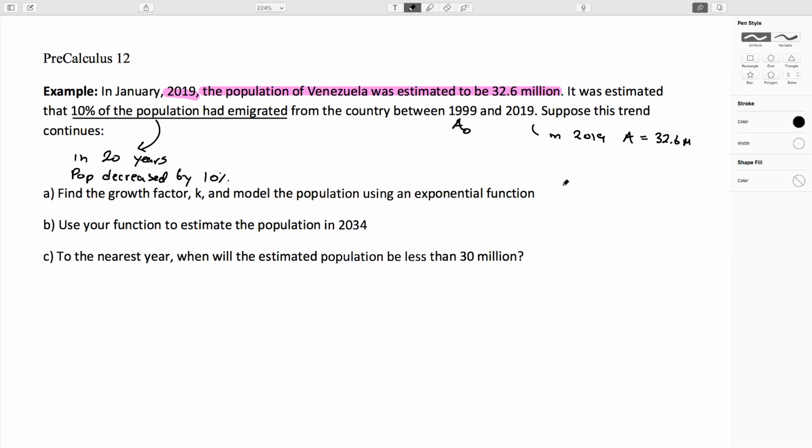I know that A times 0.9 equals A naught. What that's saying is that my population in 2019 is 90% of my population in 1999. It's like a 10% decrease. So if I want to find what my population was, I just need to divide by 0.9.